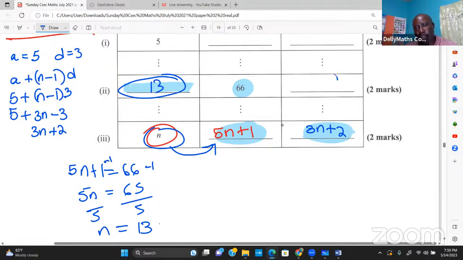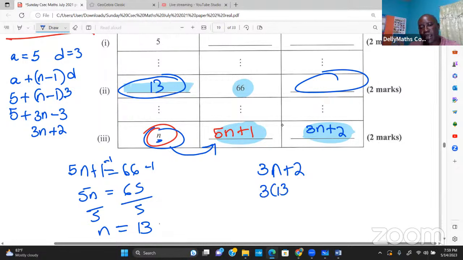Let's go to this one over here. What do you think I'm going to be using, right? Remember now, we're talking about n, which is 13. I want to go all the way to the third column. 3n plus 2. n is what now? 13. 3 times 13 plus 2. 39 plus 2. 41.